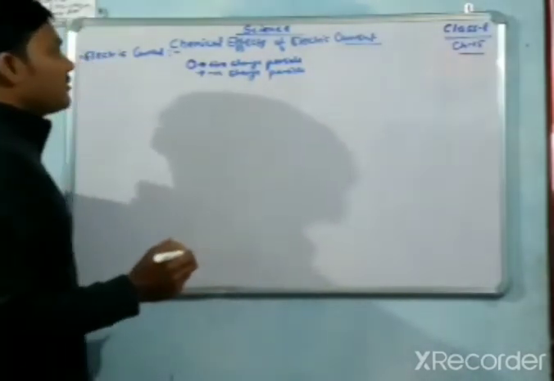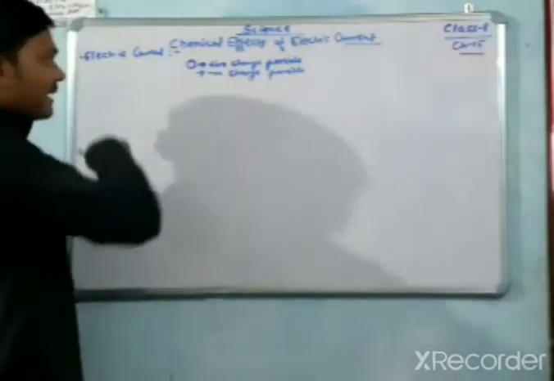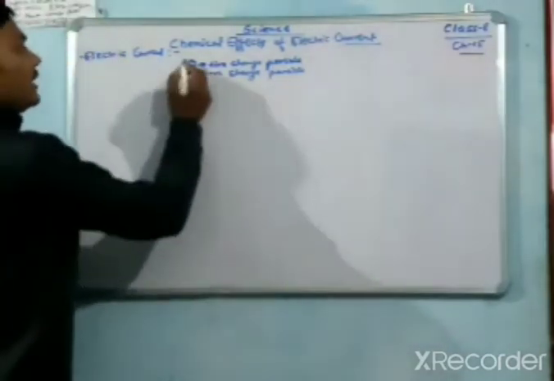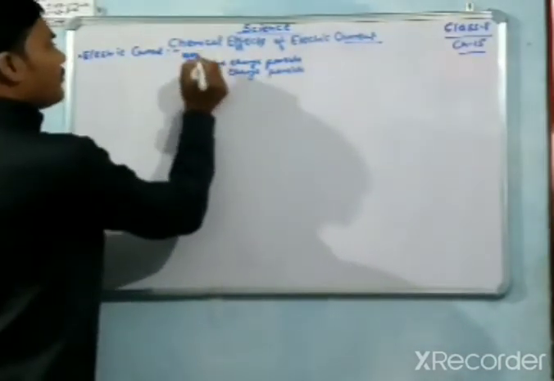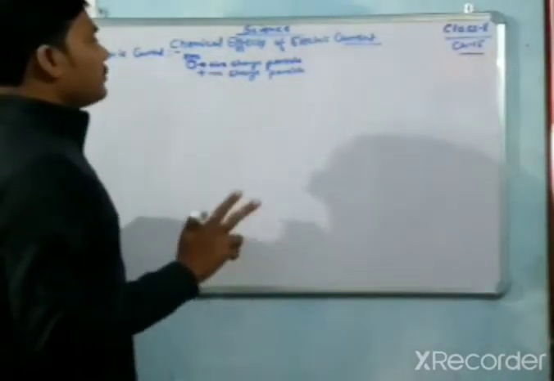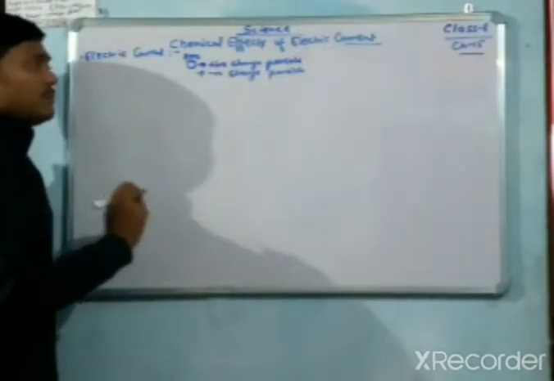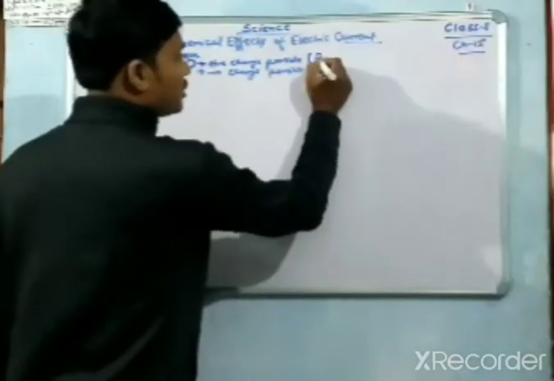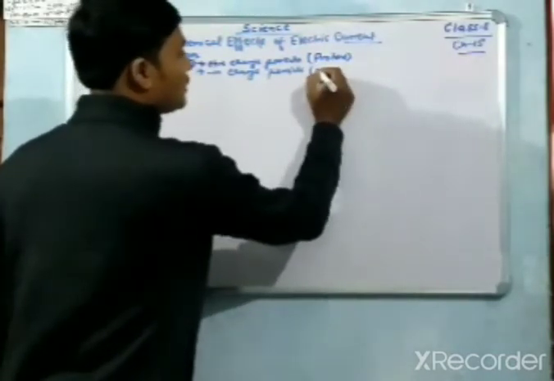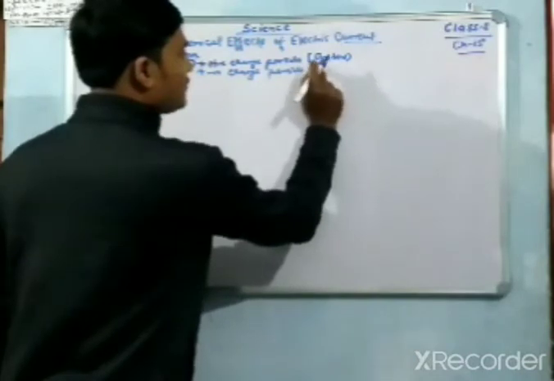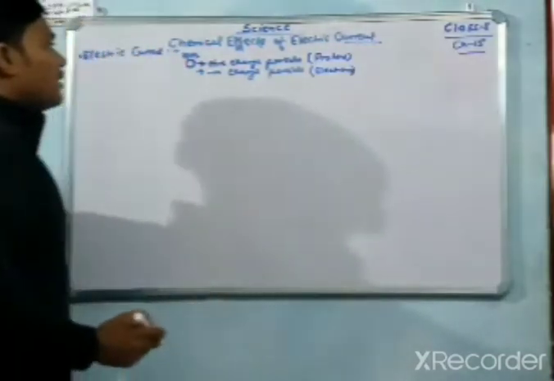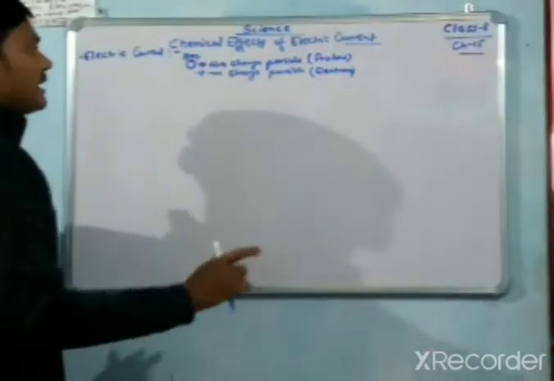It is a chargeless particle, so in electric current we are not going to consider the neutron. In an atom of a conductor or metal, the positive charge particles are protons and the negative charge particles are electrons.